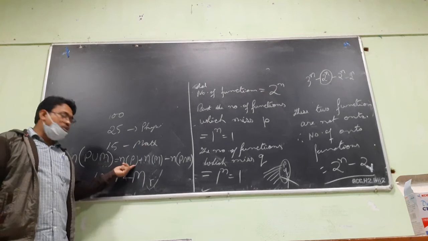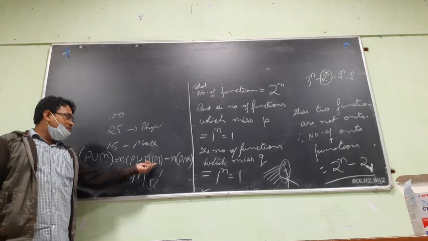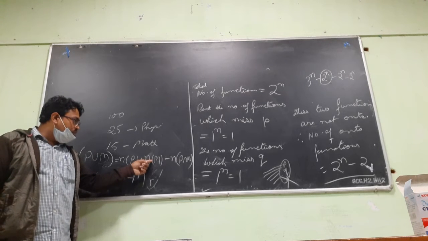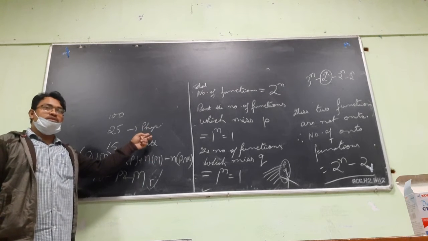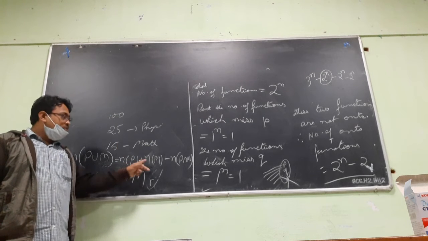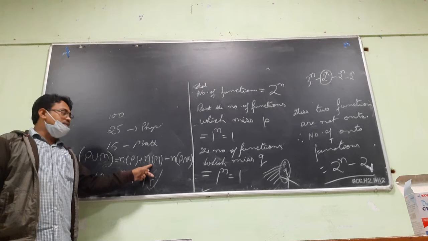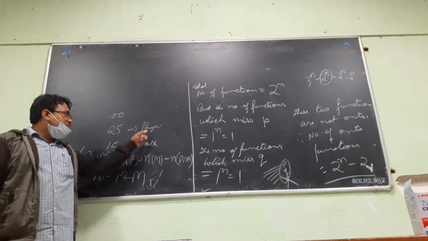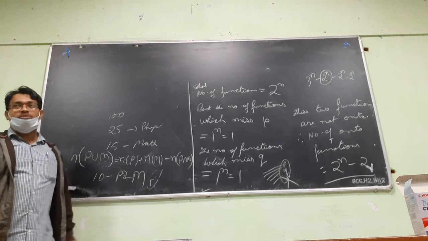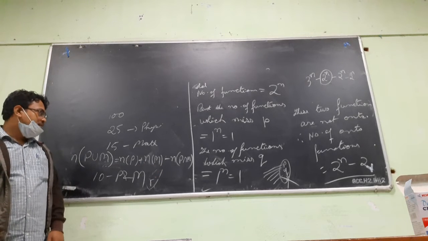Those students are already counted. When you count the students who have taken mathematics, some had already taken physics and were already counted. So the students who are common to both of these have to be subtracted.